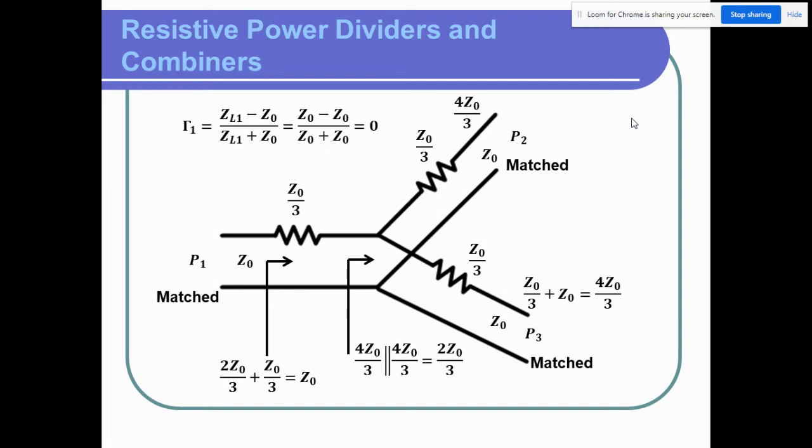But now we need to check, since we have added some resistive elements here, what the effect of this will be in terms of the power division. Are we going to lose a lot, or will the power be split without any loss? To do so, we need to go for further analysis.